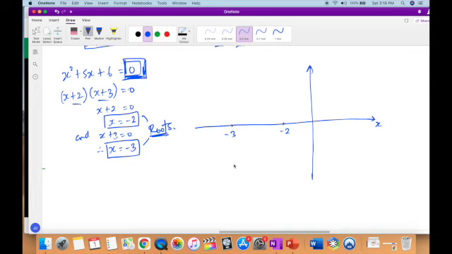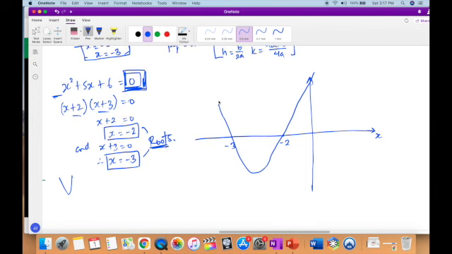We could see here that a is positive, and because a is positive, this is going to be a curve like this. So we are able to sketch the curve just by factorizing it and looking at the a value. We're able to have an idea as to what the curve looks like.